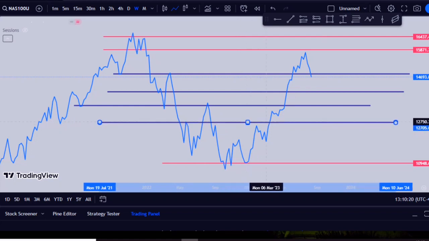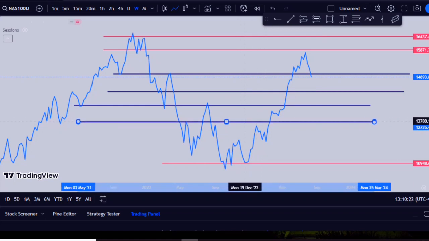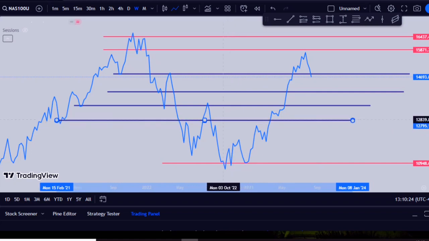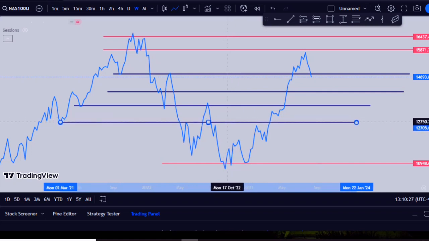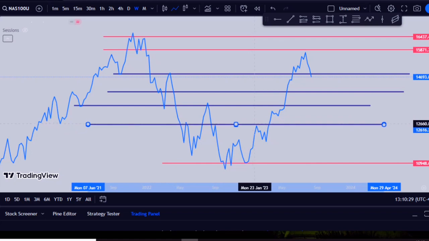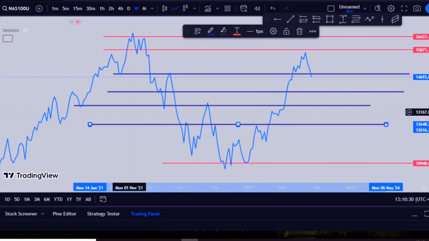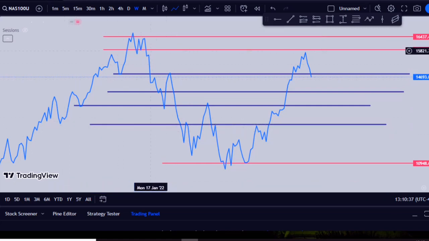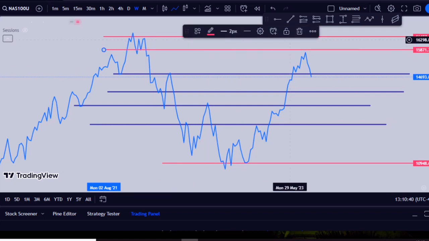We have one here. And if we go backwards, you see, yes, look at the way the market is rejecting on these areas. And let me delete this one too.